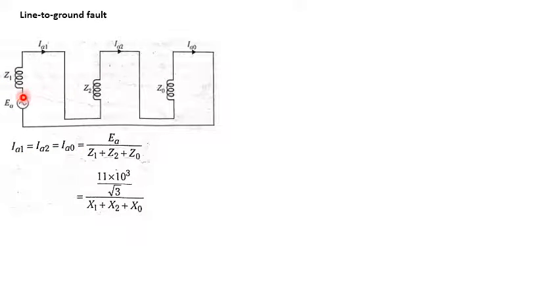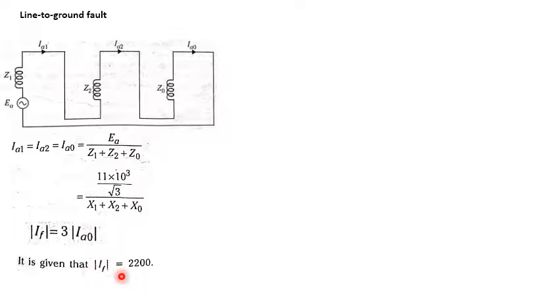That is the source EMF divided by total impedance. The source EMF is 11 kV divided by root 3, and the total impedance is x1, x2 and x0. The expression for IF for the single line to ground fault is IF equal to 3 times Ia0.